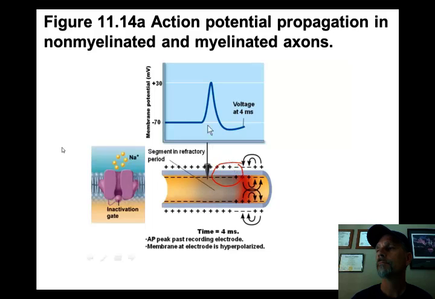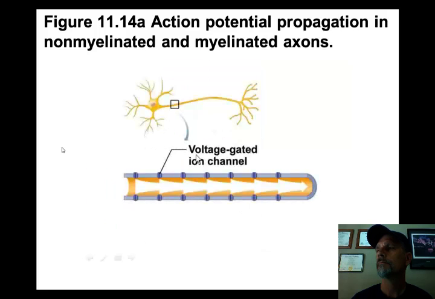This period of time, when voltage-gated sodium channels are inactivated, is called the refractory period. In unmyelinated axons, this entire process is called continuous conduction and repeats at all segments of the axonal membrane, recreating or propagating the action potential over and over, something like a domino effect.